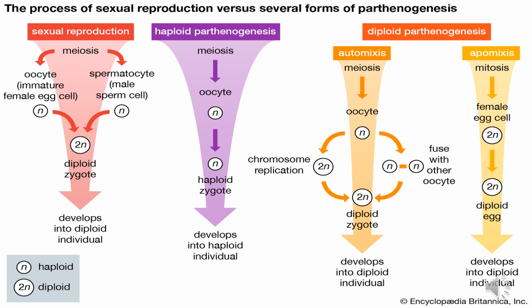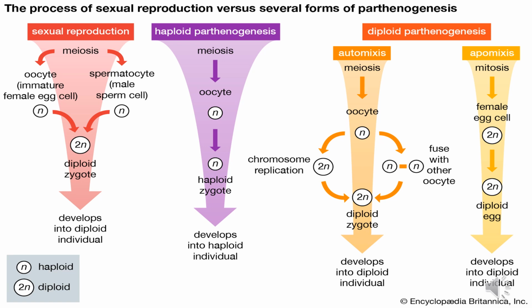The produced organism gets two X chromosomes from the mother. Therefore, automixous parthenogenesis produces female offspring only. Rarely, fertile males can be produced having only one X chromosome. These are fertile because their sperm cells contain the X chromosome only.